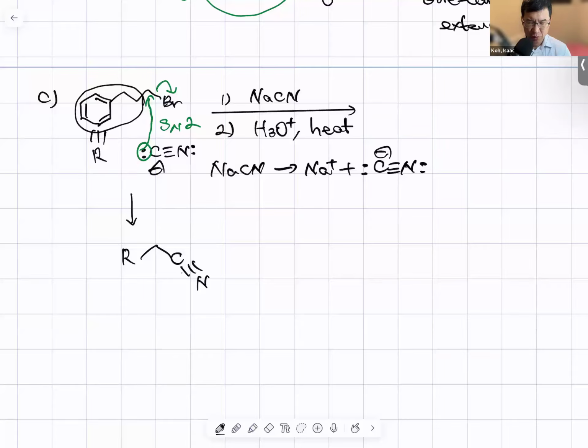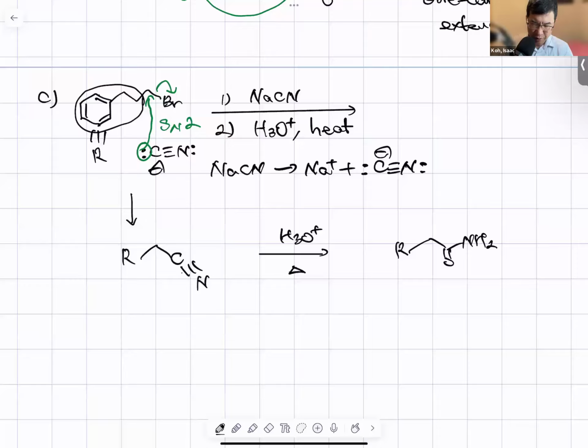So one carbon is extended, and when you heat it up, this one will make an amide first.